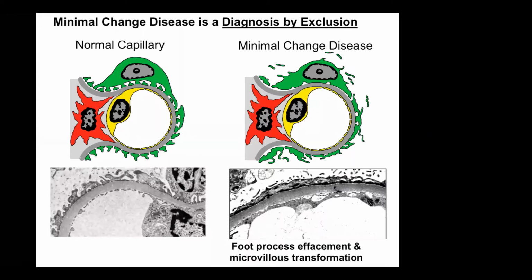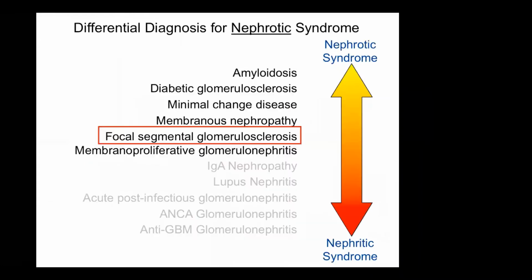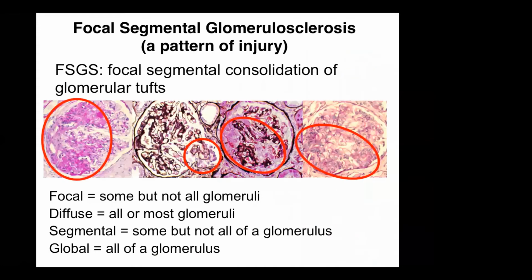So the important thing is to distinguish between focal segmental glomerulosclerosis and minimal change because the prognosis differs. Okay, let's now talk about focal segmental glomerulosclerosis. Focal segmental glomerulosclerosis is the same thing, a podocytopathy. There is injury to the podocytes that leads to sclerosis in a segment of the glomerulus.